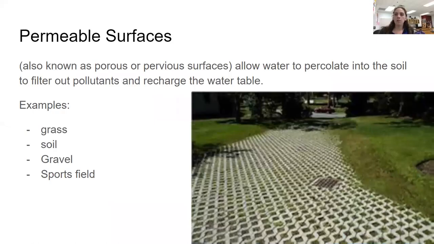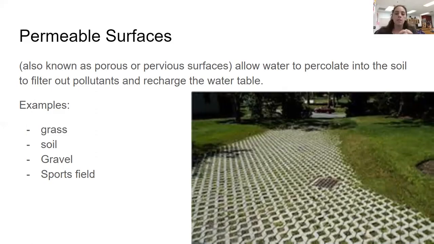These allow water to percolate into the soil. As the water enters into the soil, pollutants can be filtered out. Now they're not leaving the environment. Those pollutants will stay in the soil as the water goes deeper down into the aquifer. And as the water goes down, it recharges the aquifer, or refills the aquifer.